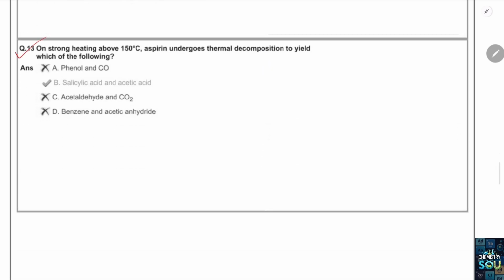In the question number 13, on strong heating above 150 degrees centigrade, aspirin undergoes thermal decomposition to yield which of the following? The aspirin structure is this, acetylsalicylic acid.